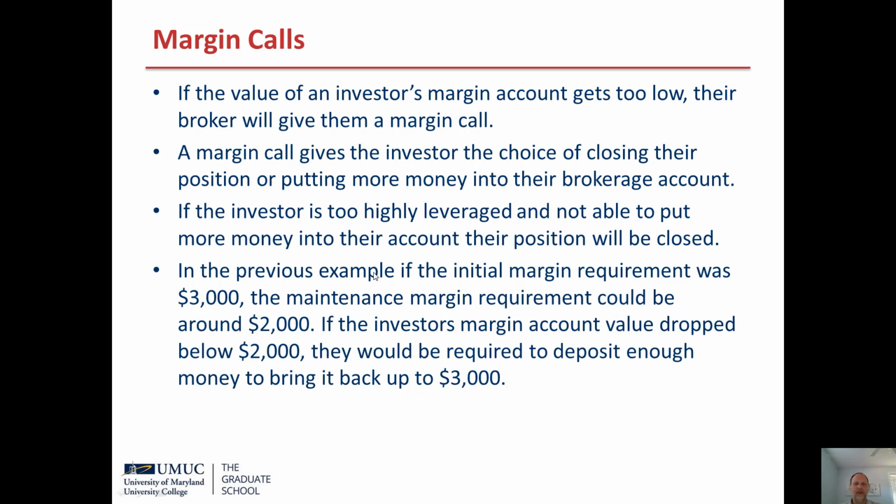So in the previous example on gold futures, if the initial margin requirement was $3,000, the maintenance margin might be around $2,000. If you lost $1,000, then you would get a margin call and you would be told you either have to stick another $1,000 in the account, bringing the margin account back up to $3,000, or the Chicago Board of Trade would close your account and not allow you to trade on it anymore. This protects them against losses, and therefore the counterparties cannot lose money.